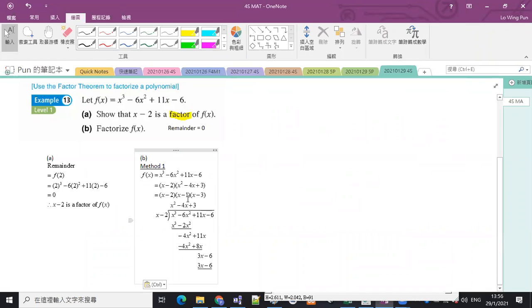Can you get this? First, let me just do a very quick summary. When you have found the first factor, the f(x) can be written as the first factor times a long bracket. The long bracket can be found by using the long division. Okay? When you have found the long bracket, you need to check whether it can be further factorized into a product of 2 brackets.